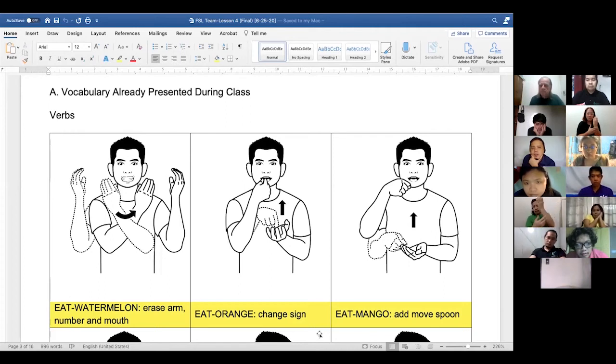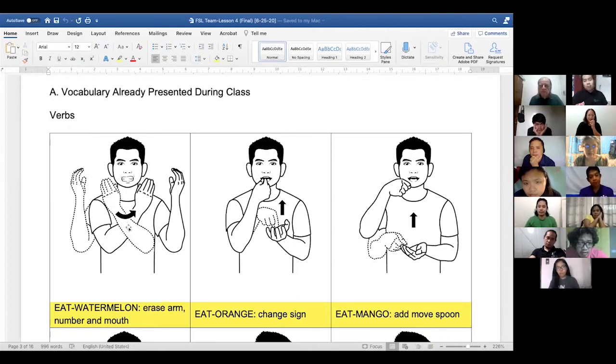Sorry, for the watermelon, we're going to put in the line for the hands to make it more clear, make that solid right here, sir.